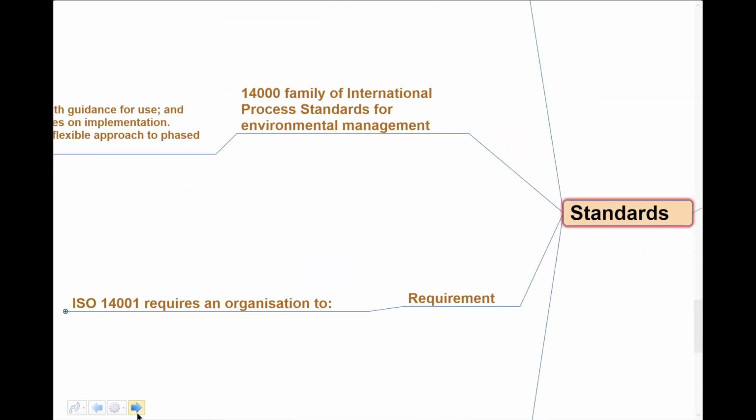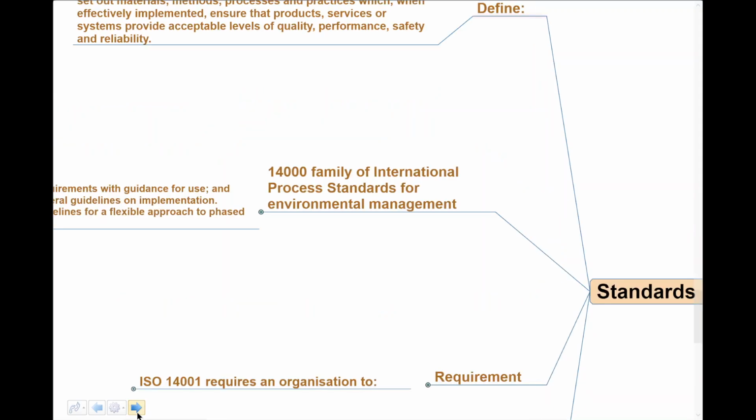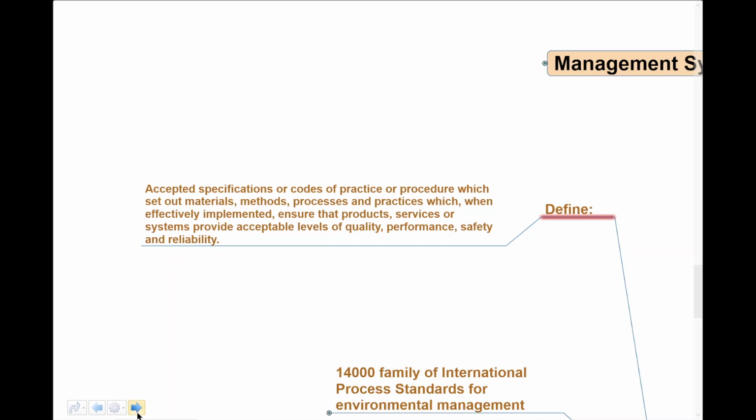Now, again, this is sort of linked, I guess, in one way to what we've been discussing regarding management. We need assistance to be able to deal with the areas that modern day business needs to deal with. Standards can help us. What do we mean by standards?